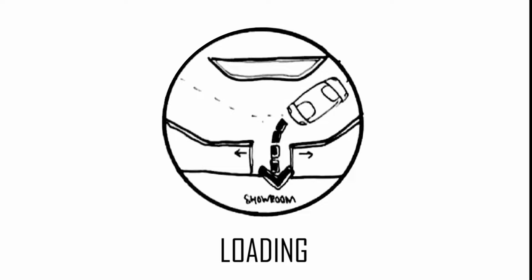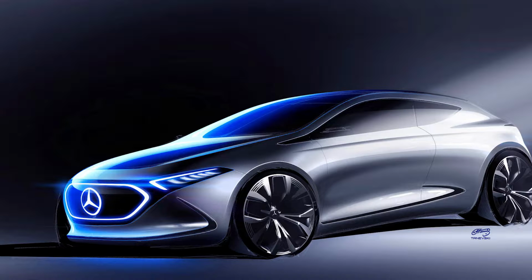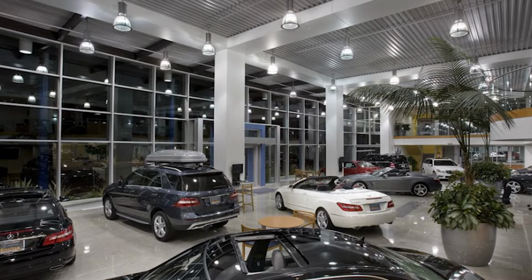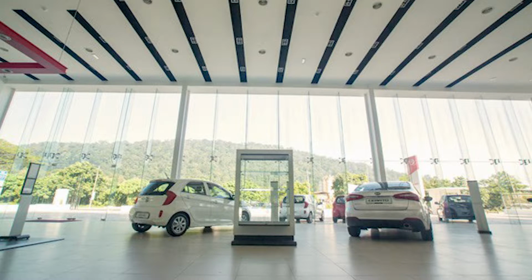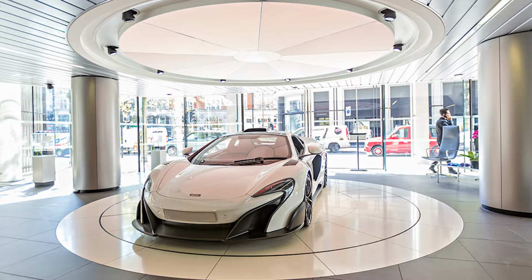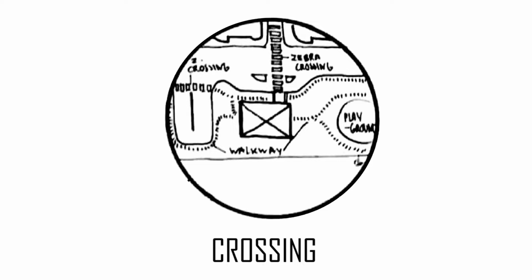I'm doing a car showroom, which means the main product here is cars, and I don't really require a proper loading bay. Instead, I took advantage of the entrance where the cars can just drive in and arrange themselves in a proper place.